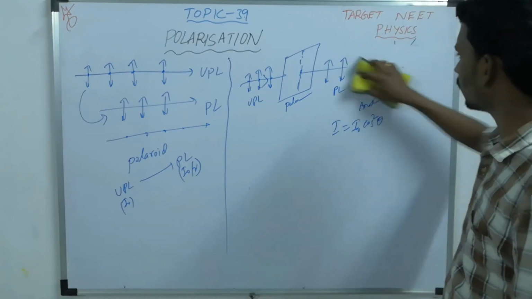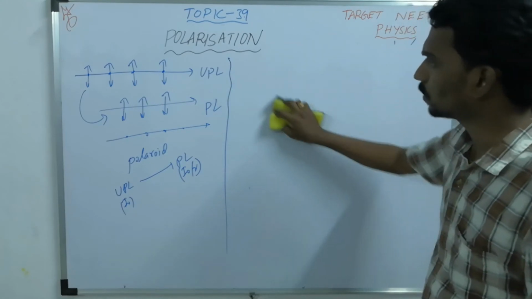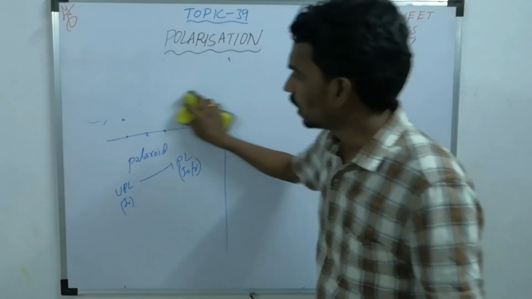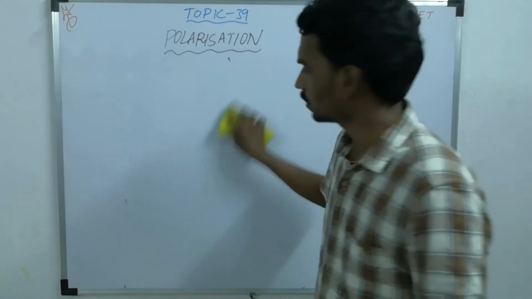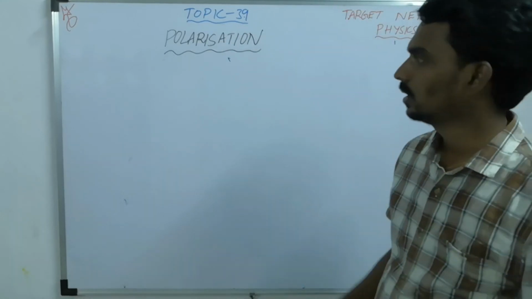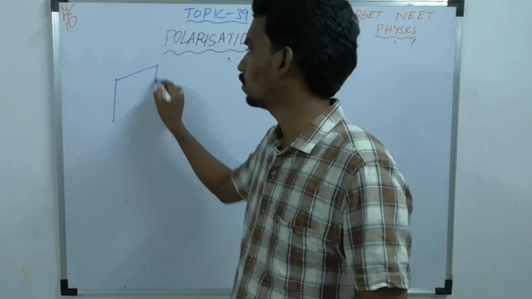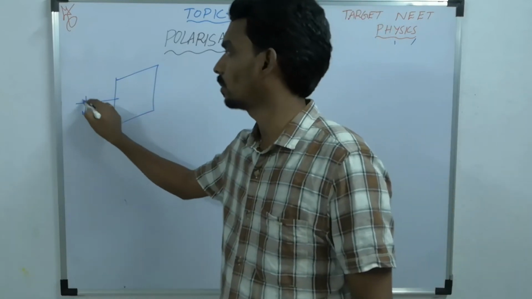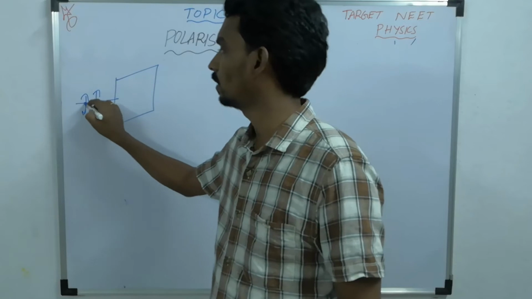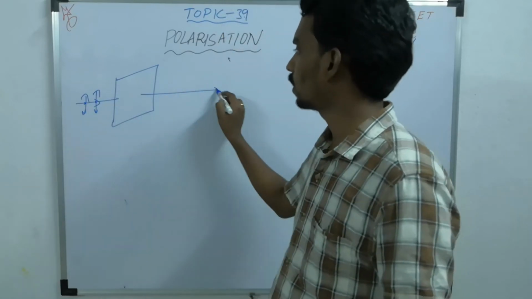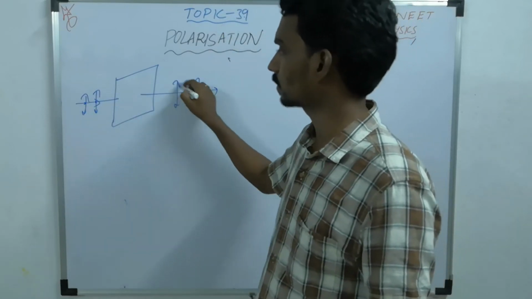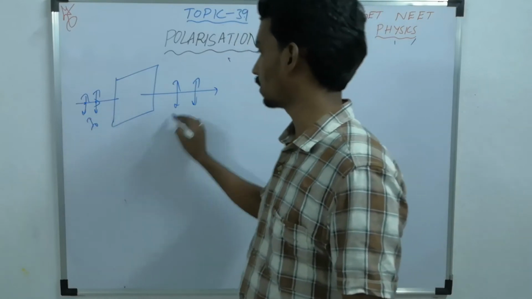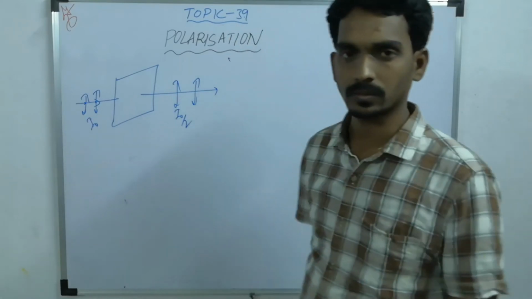This is one kind of question they usually ask. I will explain one question so that you understand. Let's take one polarizer through which unpolarized light passes. Here comes polarized light; the intensity I0 becomes I0 by 2.